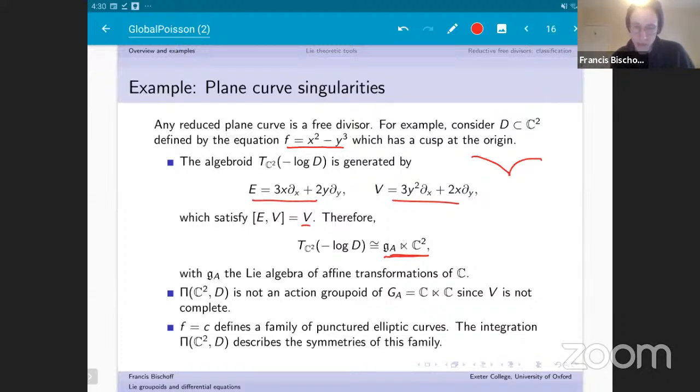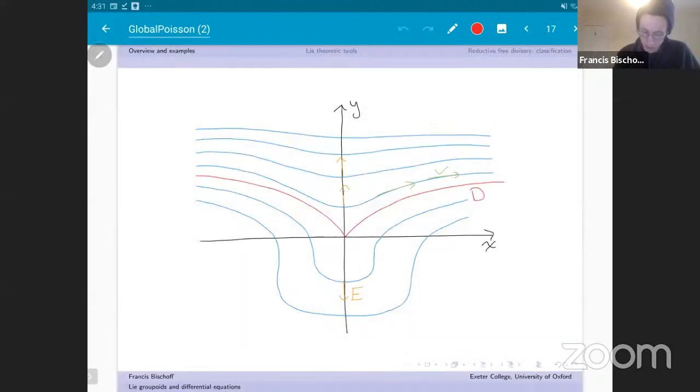So you might at first expect that the twisted fundamental groupoid will be an action groupoid, but this is not the case because V is not complete. The way that you can see this is as follows. Here, F equals 0 defines D, but we can consider F equals another constant, and that defines a family of punctured elliptic curves like this.